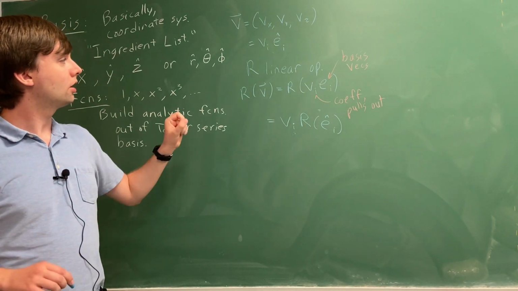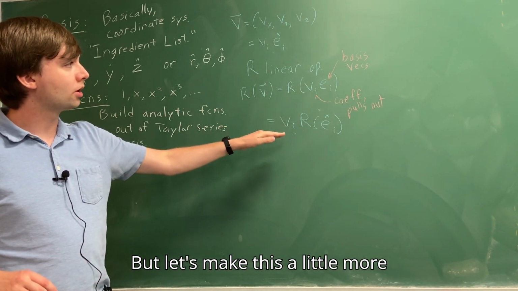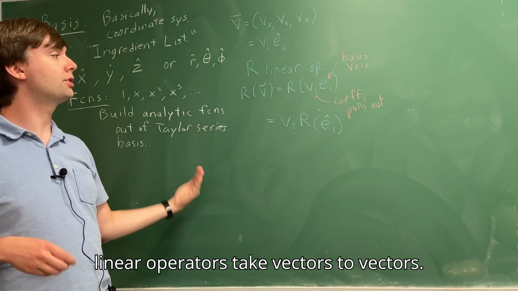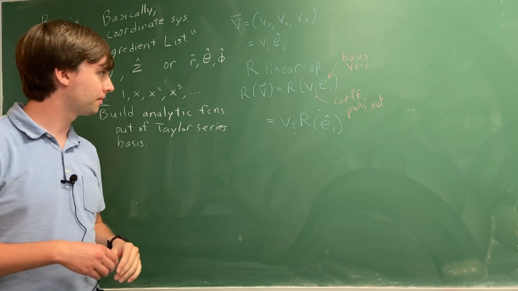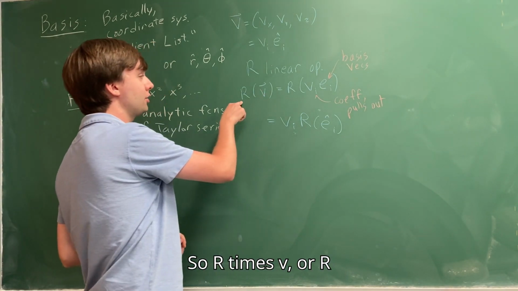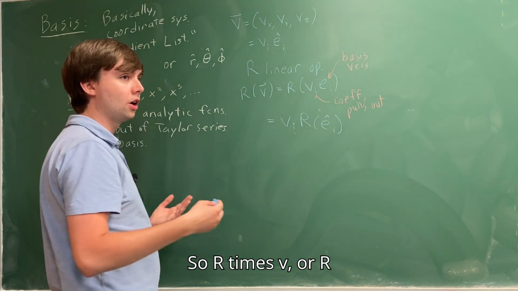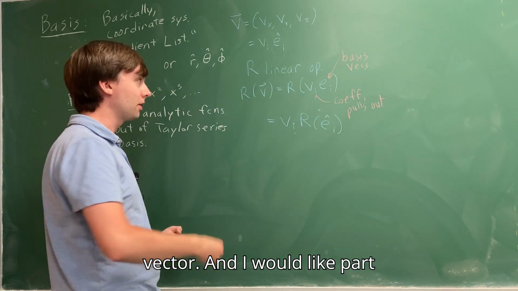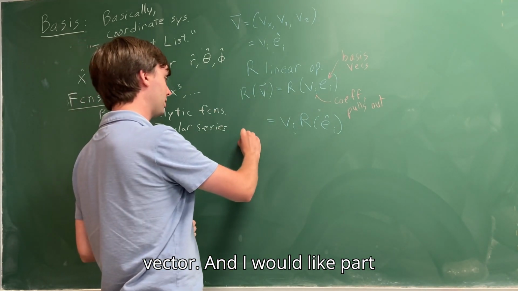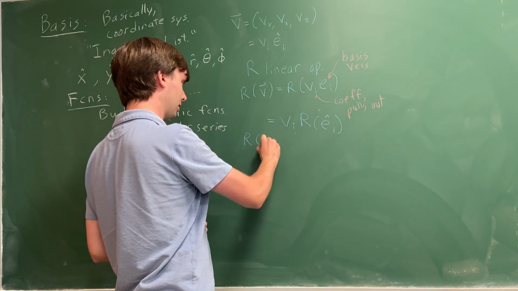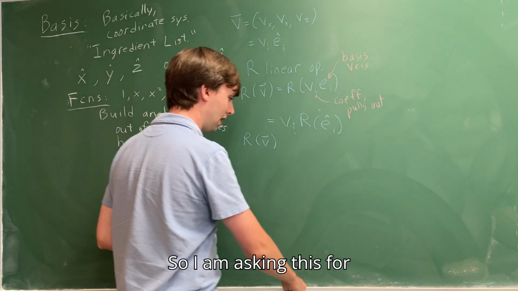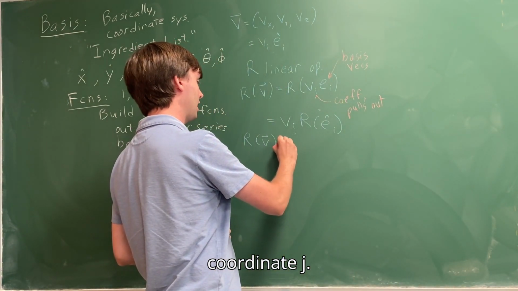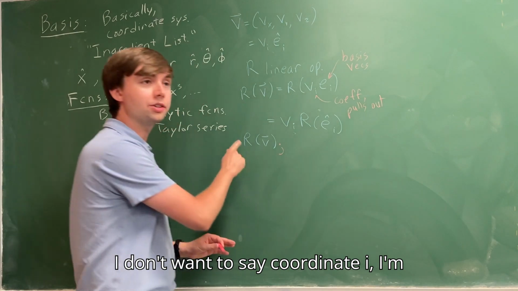But let's make this a little more precise. So I already said that linear operators take vectors to vectors. So R times v, or R with v put in, is going to be a vector. And I would like part j of that vector. So I am asking this for coordinate j. I don't want to say coordinate i.